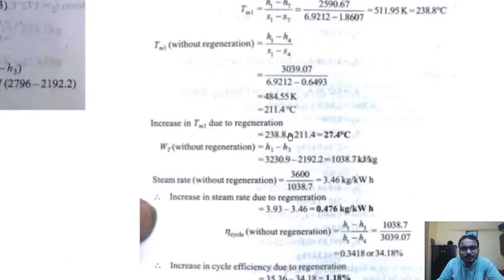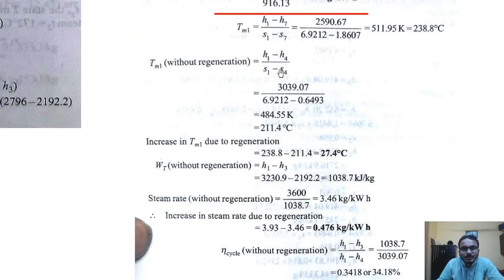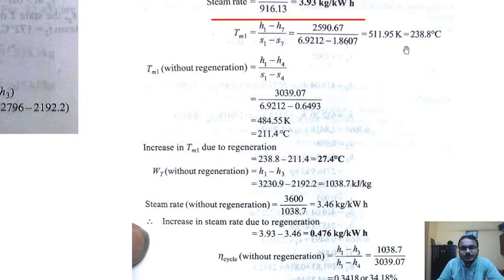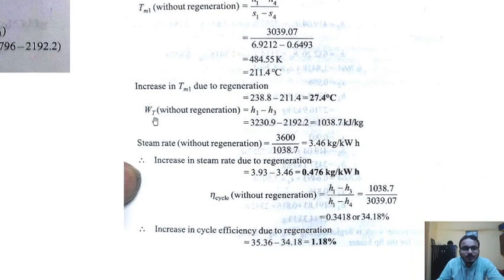So here this is without regeneration, and with regeneration the temperature was 238.8 and now it is 211.4. So the increase in Tm1 due to regeneration is 27.4.